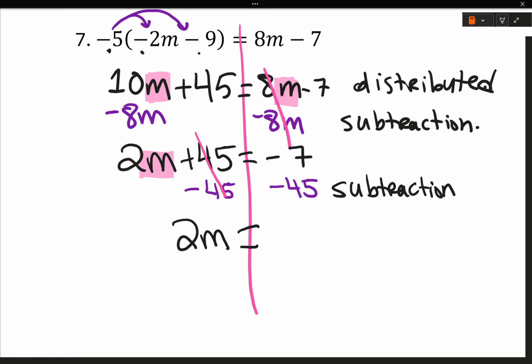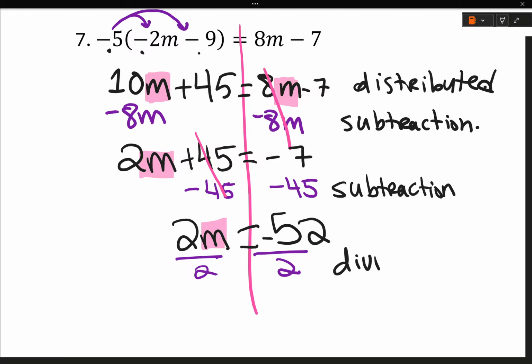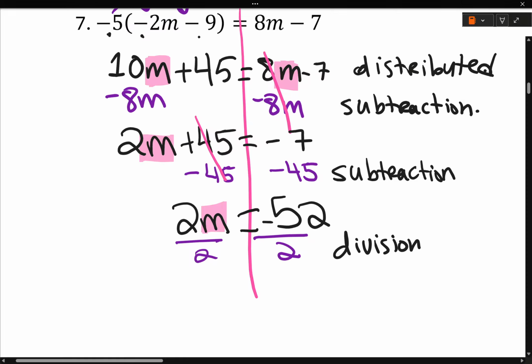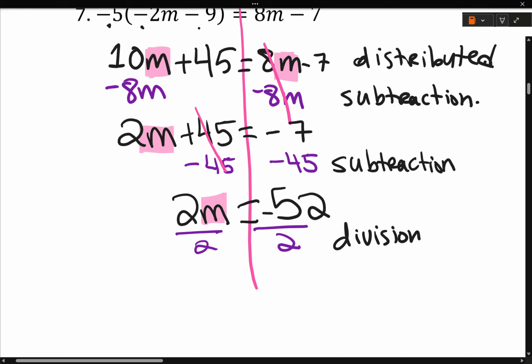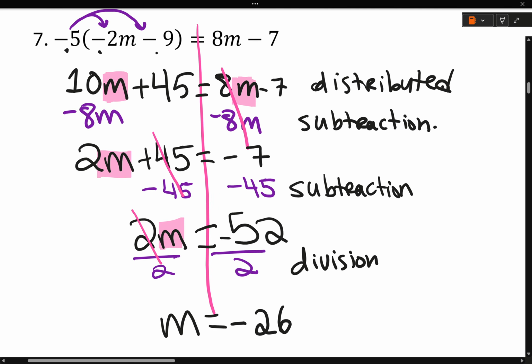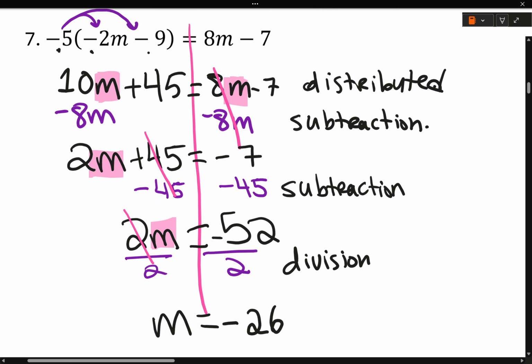It's easy to get that wrong. Not minus negative, just minus. Is -52. Lastly, let's find m by dividing both sides by 2. 2 divided by 2 is 1, so we're just left with m. -52 divided by 2 is -26. That was a crazy one, but not too bad.